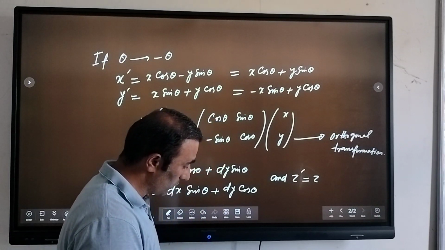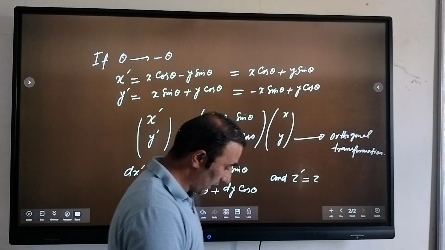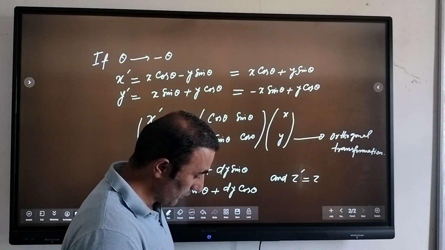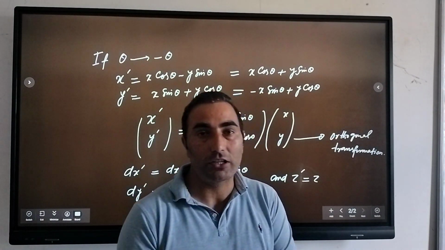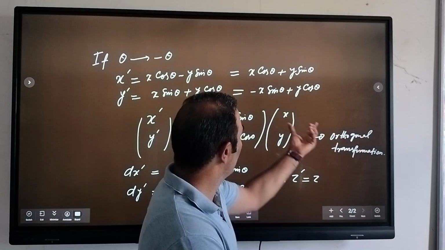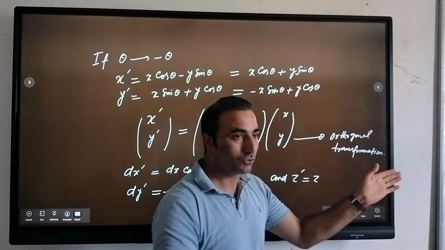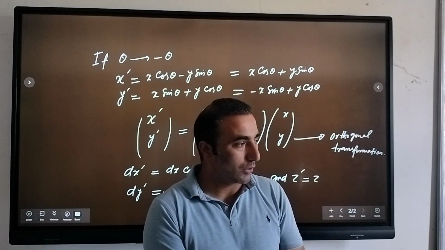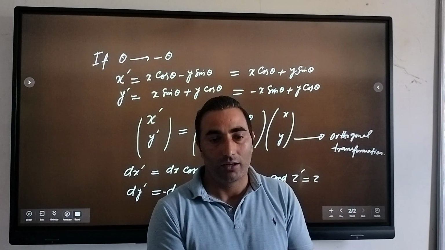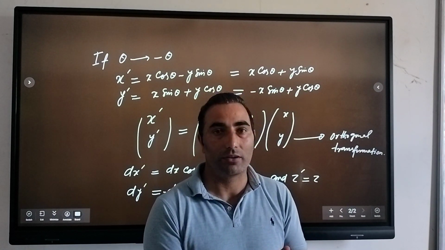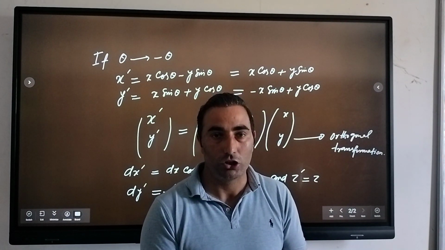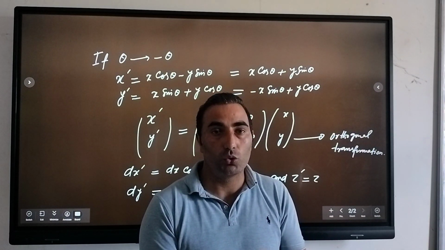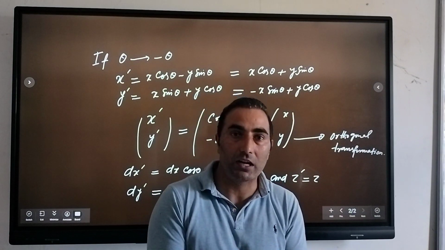Now, the distance between any two points does not depend upon the choice of coordinates. For example, if I have some frame and you want to calculate the distance between two points, you are calculating the length, right? That length remains invariant if you go from one frame to another frame.